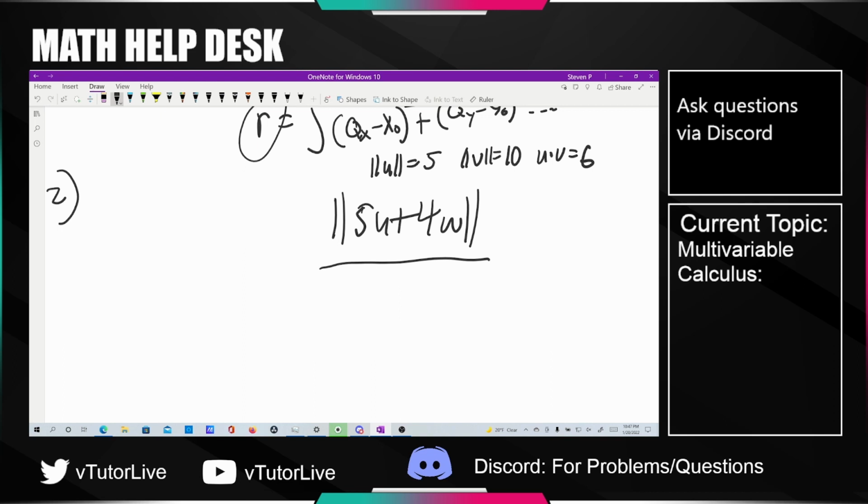Any ideas? It's a little bit not obvious, right? The first thing most students want to do is just hope that this is equal to 5. I'm really hoping that the magnitude of the sum is the sum of the magnitudes, and students will do something like this.